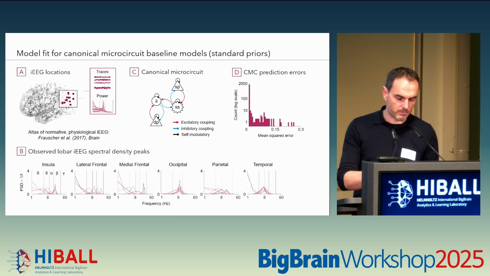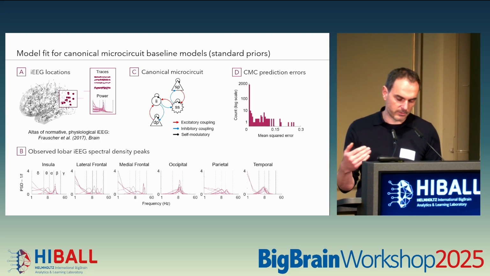And then we used the canonical microcircuit, a four-population neural mass model, indicating the different cell types: superficial pyramidal neurons, spiny stellate cells, inhibitory interneurons, and deep pyramidal cells.